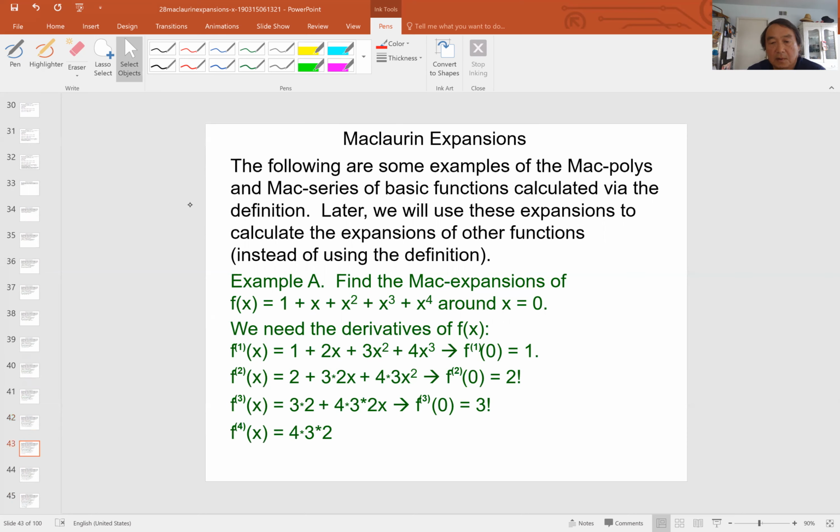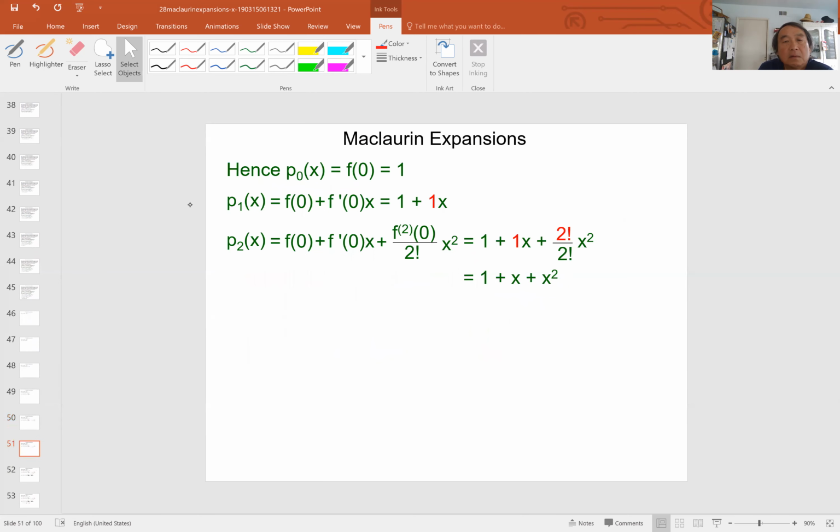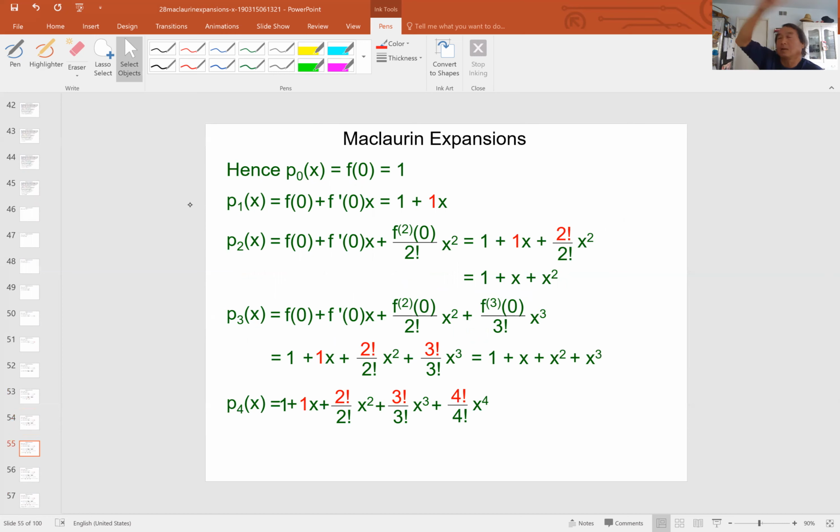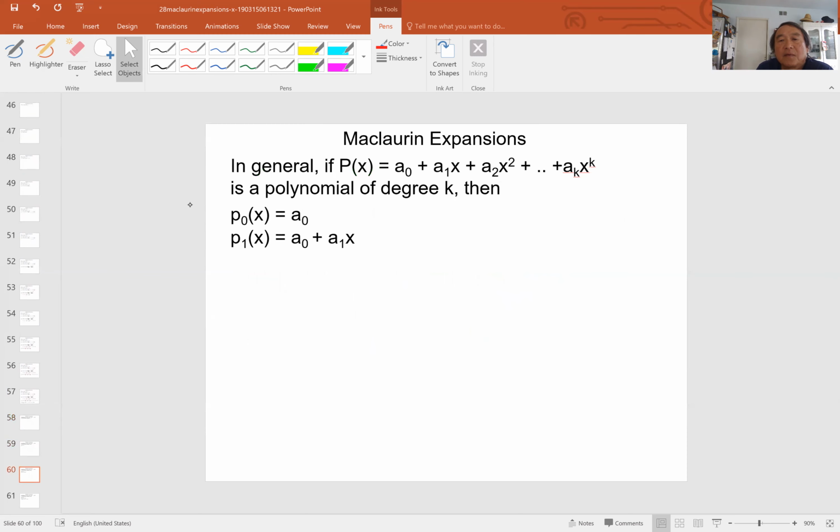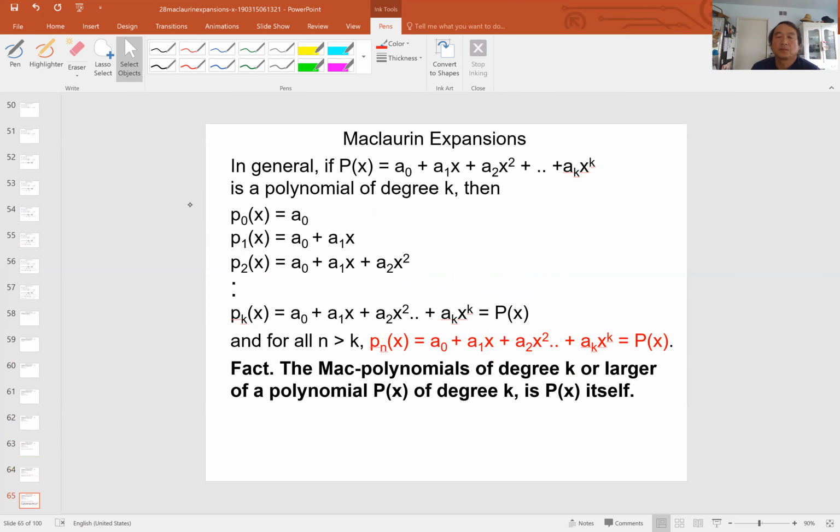You get each coefficient in front of the formula. You can read this; it's basically just a round of calculations, and then it concludes with the following statement: if I calculate the Maclaurin polynomial of a polynomial, I recover the polynomial. I recover each piece of the polynomial until I get to the entire polynomial, and then it's plus zero beyond that.